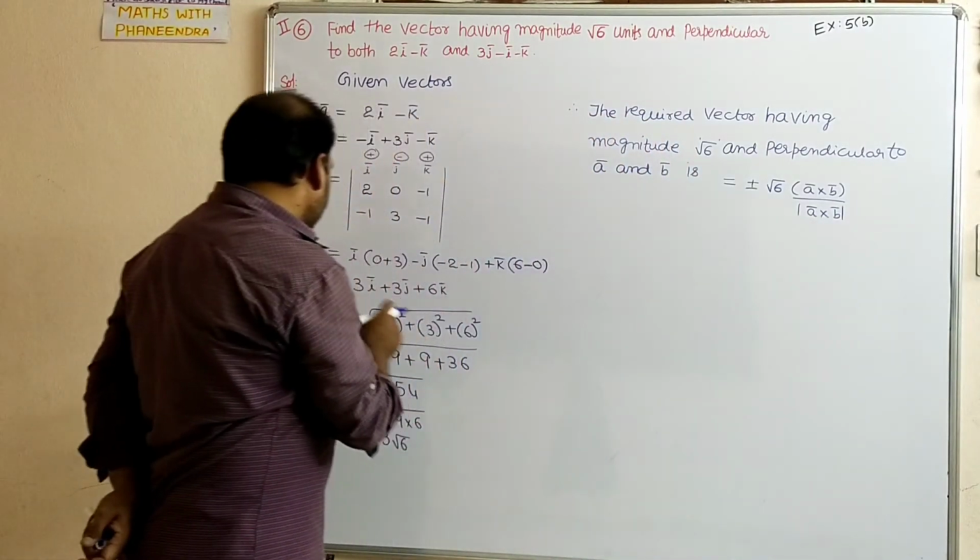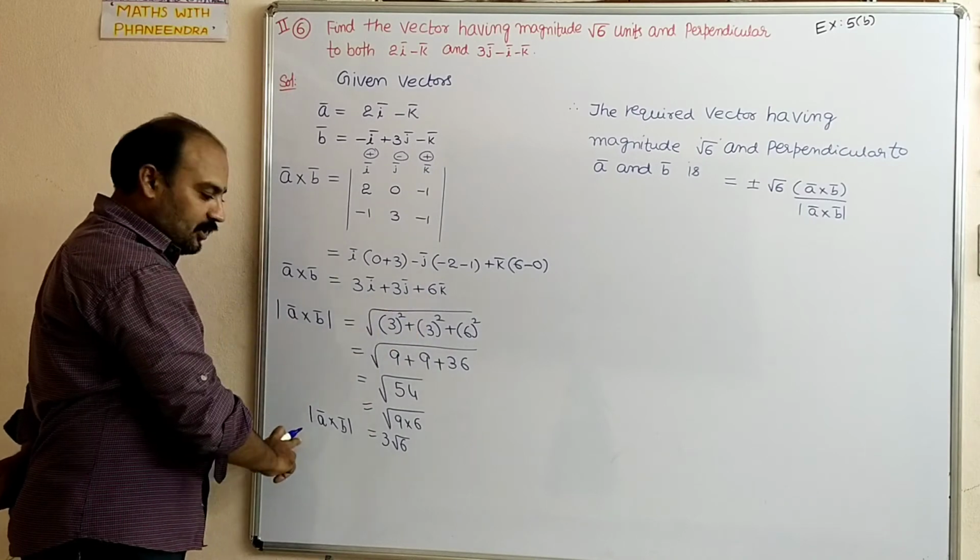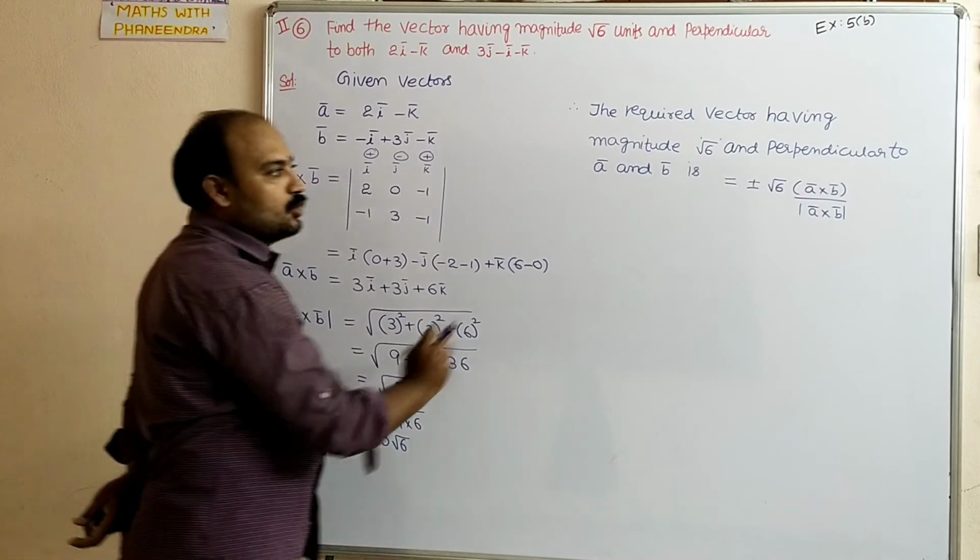We know what a bar cross b bar is, and we also know the magnitude of a bar cross b bar. Substitute here.